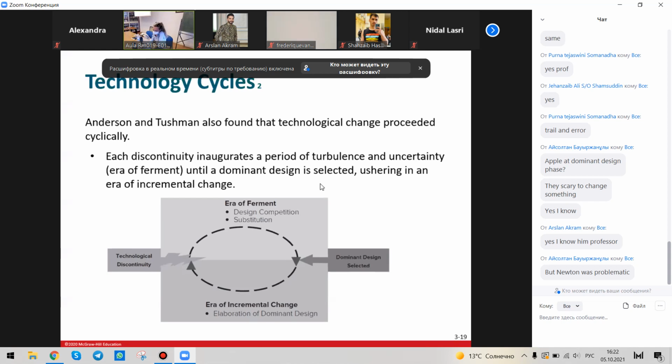Newton was problematic. So it is also, and we will see this specifically in chapter 5, the right timing to introduce an innovation. So again, I just believe that they want to be sure to introduce a successful innovation within a market.